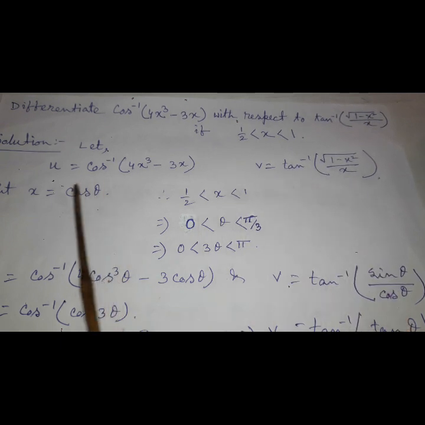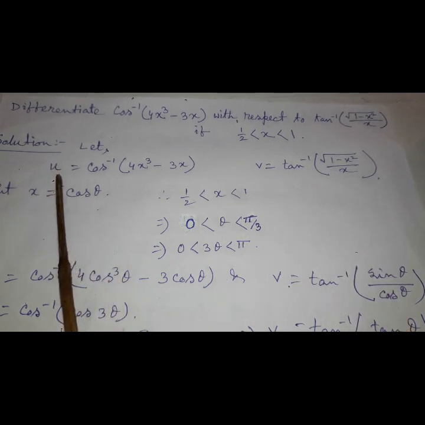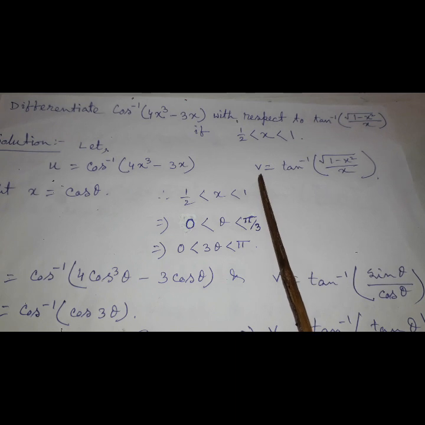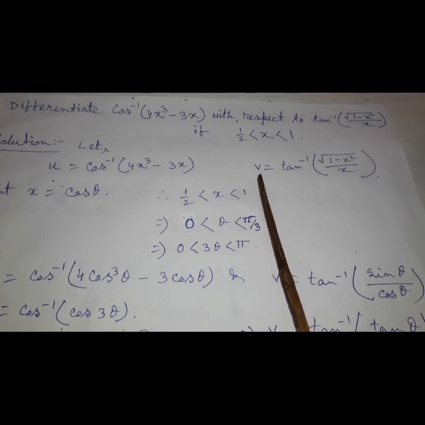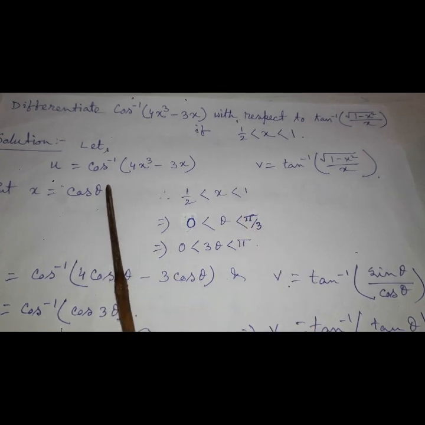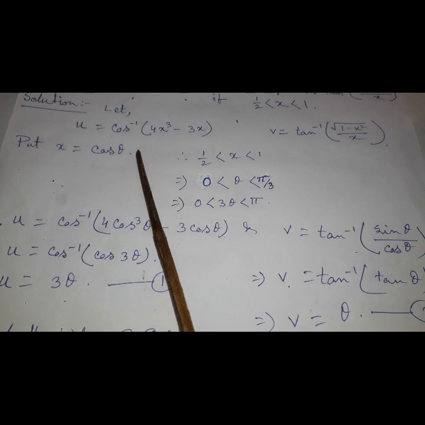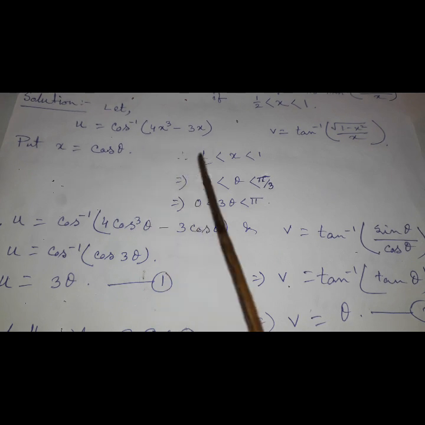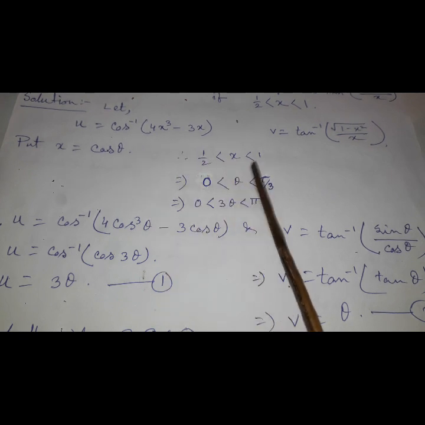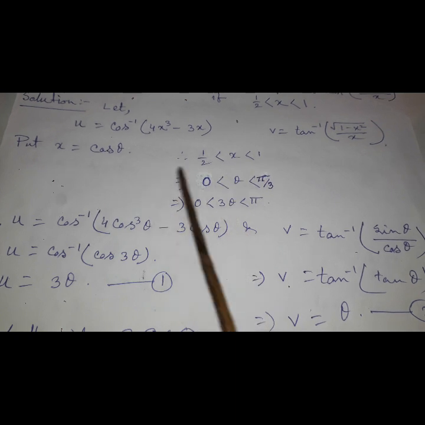So we are going to find the differentiation of u with respect to v, that is du dv. Let us put x is equal to cos theta. If x is equal to cos theta, then x is given greater than half and less than 1, so theta is greater than 0 and less than pi by 3.